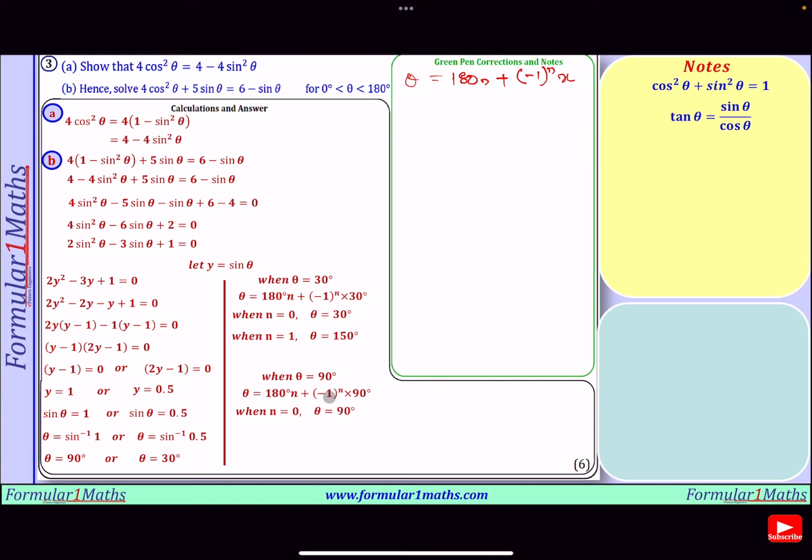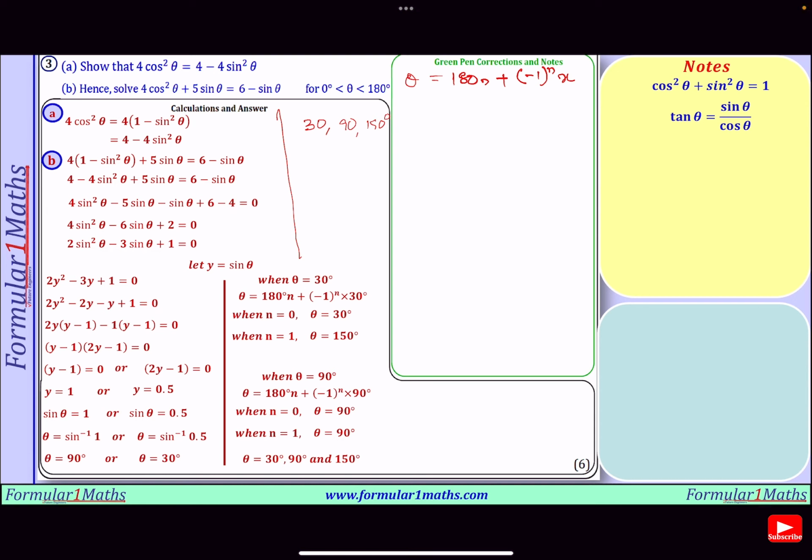And so I get 180 minus 90, which is still 90. And so I get the same value. If I try 2, I'm going to go outside the range. So in the end, I get 3 values. The 3 values will be 30, 90, and 150. Now let's use the graph and see if we get the same.